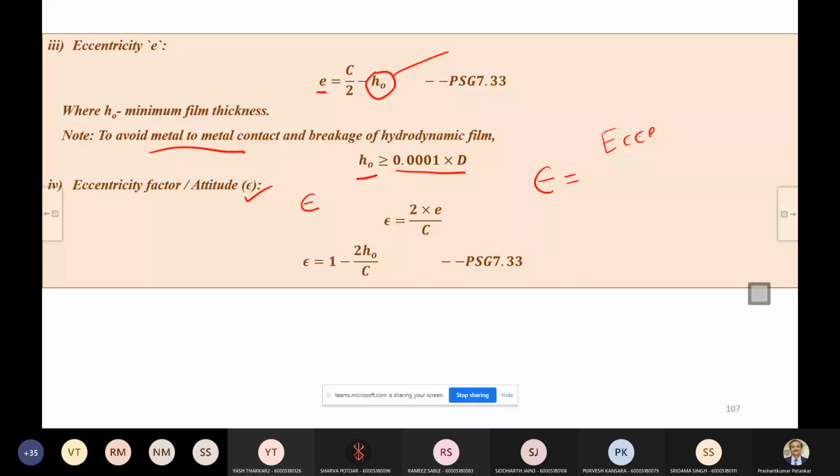If in place of the radial clearance you write it in terms of the diametral clearance, then you will get this particular relation for your eccentricity factor.